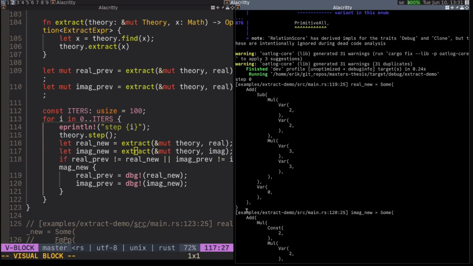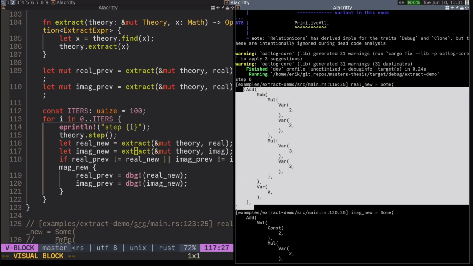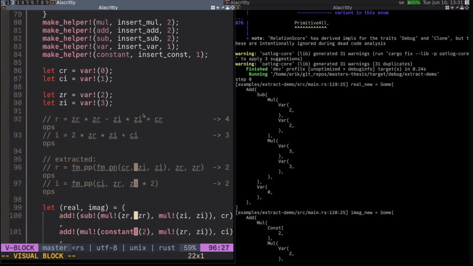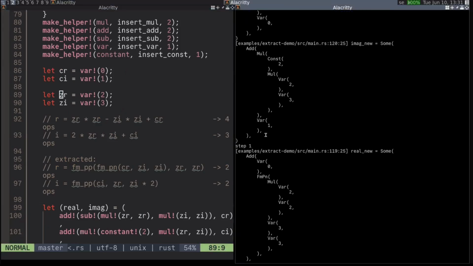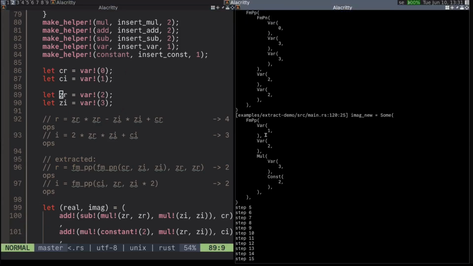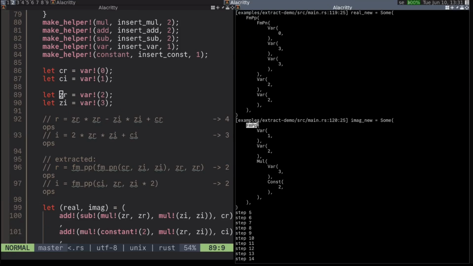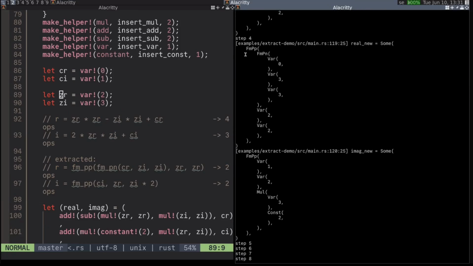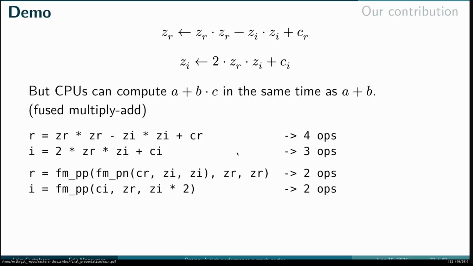In the beginning, we have essentially the original expression, and at the end we get fused multiply-adds. So basically we get this at the end.